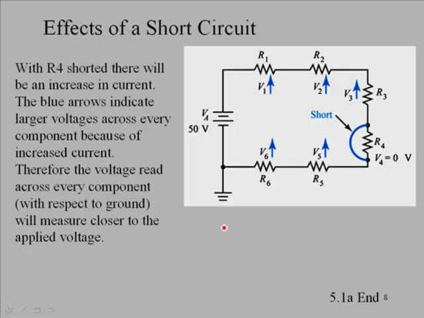And I mention this because in some summary statements in this chapter, they make mention of the fact that the voltages across every component will measure closer to the applied voltage. Now they won't measure the applied voltage, but since every voltage has increased, they will be closer to that applied voltage.